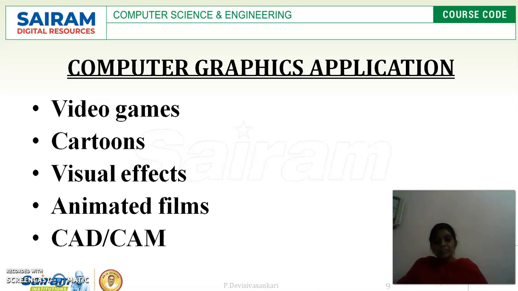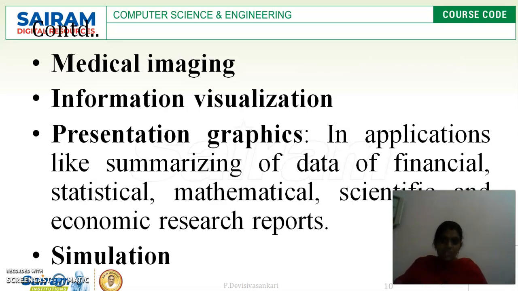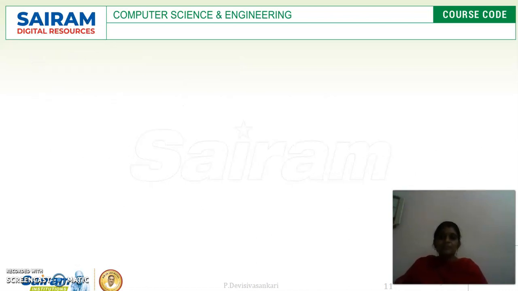And animated films. Nowadays, all the movies are using one or another animated image, right? And mainly for CAD and CAM, computer aided design or manufacturing, and medical imaging, information visualization, presentation graphics and the simulation part. Okay, so these are the different applications of computer graphics.